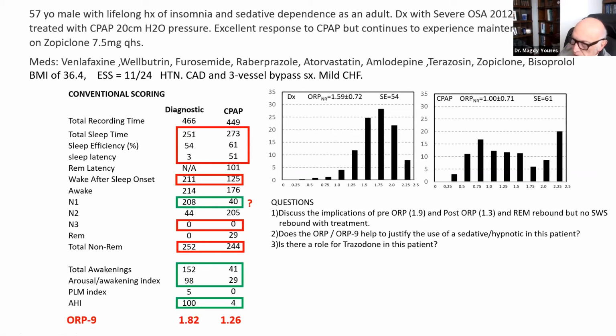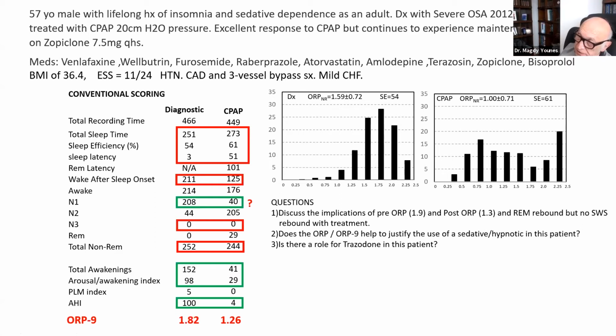And there's a lot of fuss about this as an index of how susceptible a person is to developing sleep disorders, because the slower ORP goes down after an arousal, the more likely you are to wake up again, because most of the OSA happens soon after an arousal.